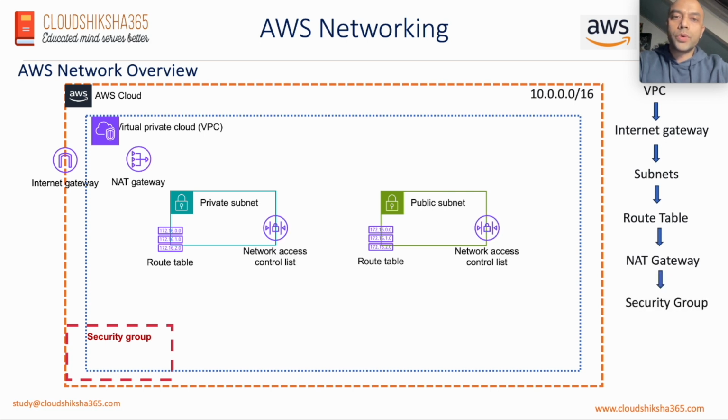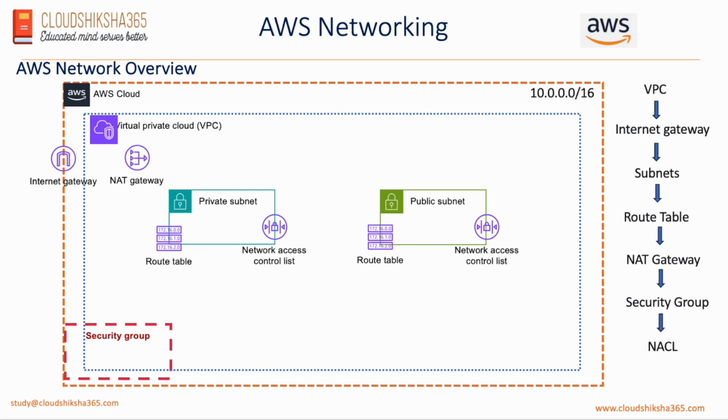Just like a security group, the network access control list provides an additional layer of security, and you can additionally define what kind of access there can be for your running instances or applications within each subnet. So this was an overview of the important networking components that we have to configure when we start setting up our EC2 instances, applications, or databases within our AWS cloud.